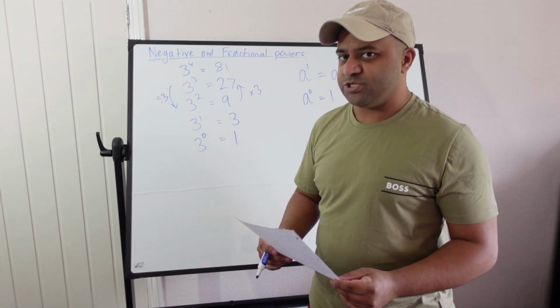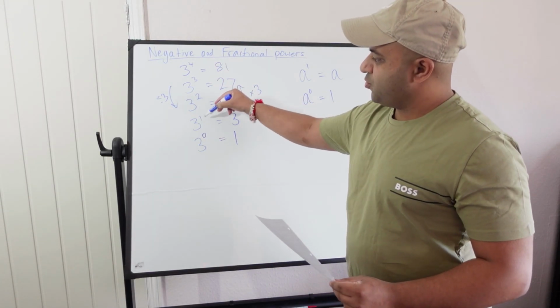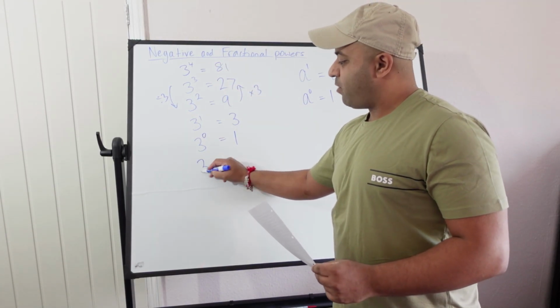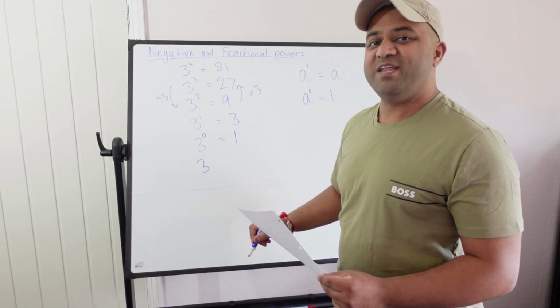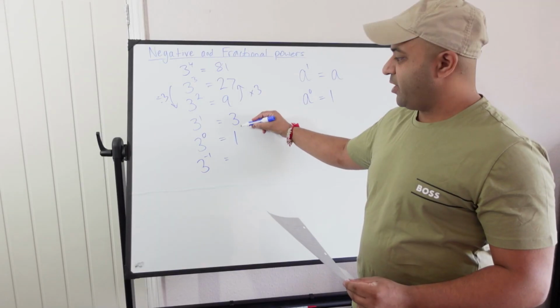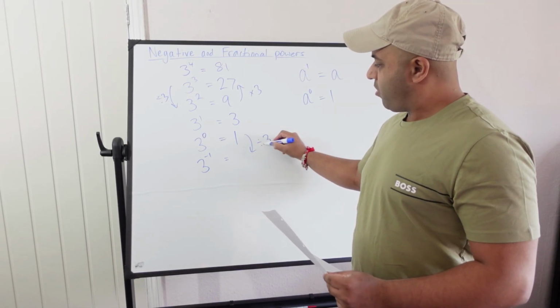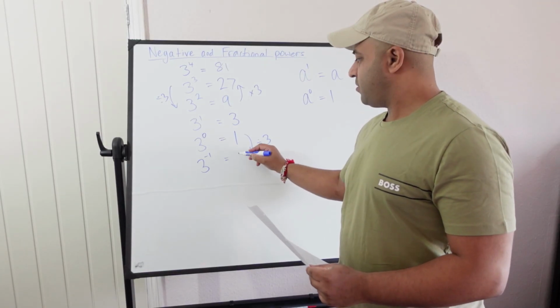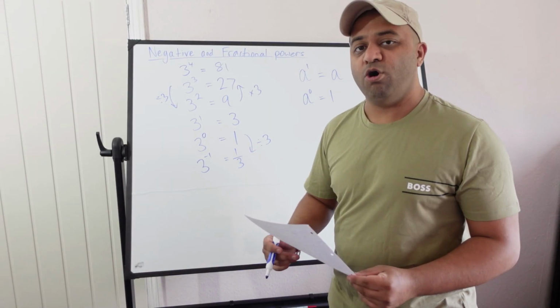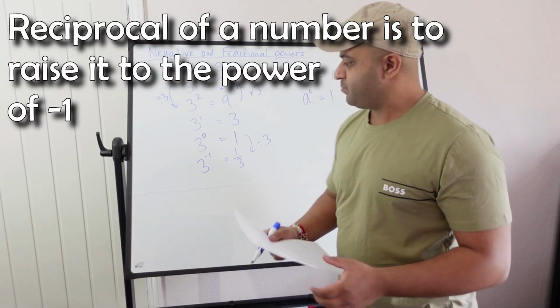And we're not going to stop there, we'll carry on dividing by 3. 4, 3, 2, 1, 0, the next power, following the pattern, should be negative 1. 3 divided by 3 is 1. 1 divided by 3 will give us 1/3, or 1 over 3. This is known as the reciprocal of 3.